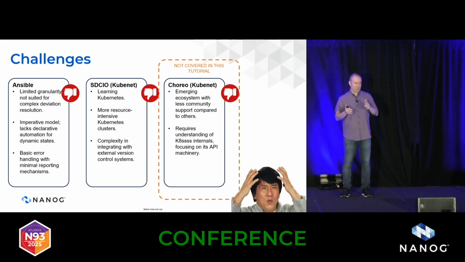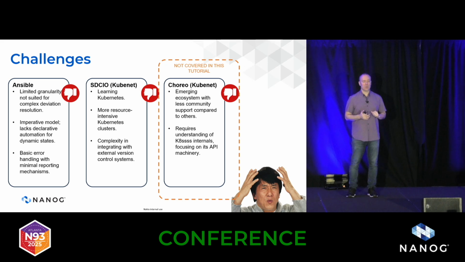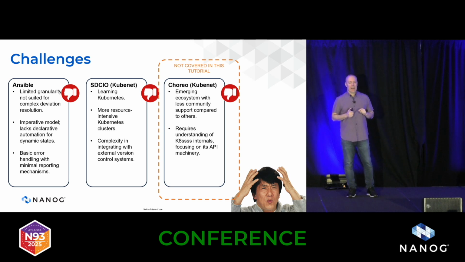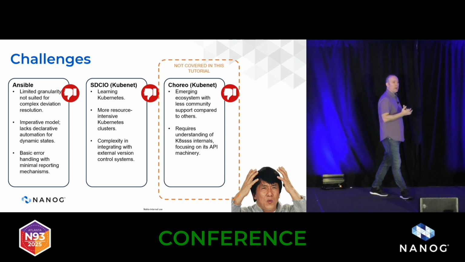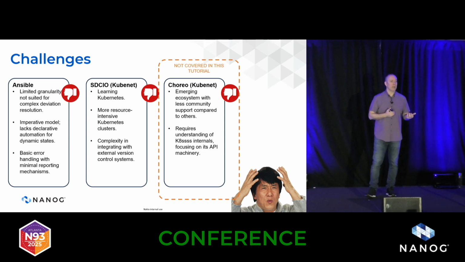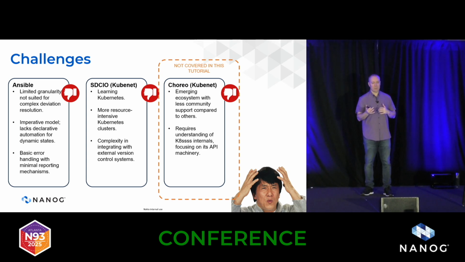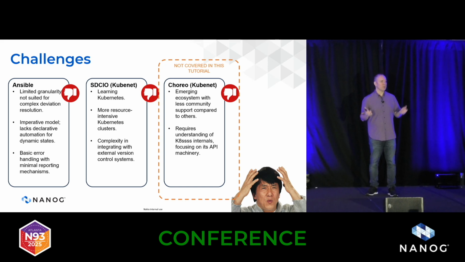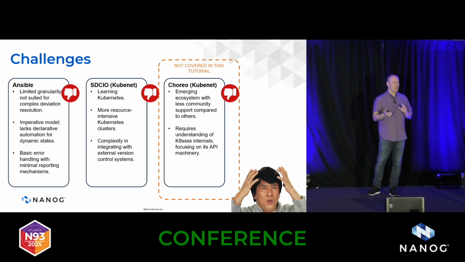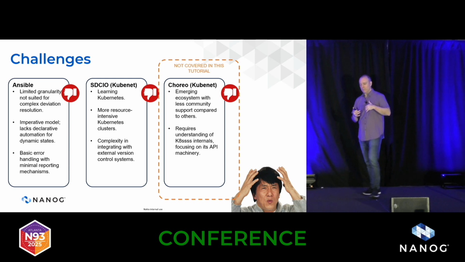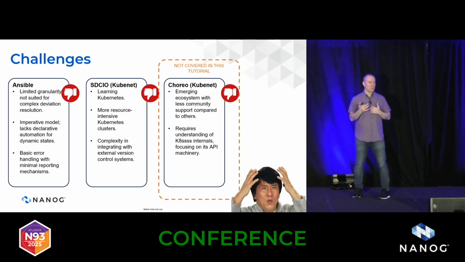And you can go to the KubeNet YouTube channel and see some presentations about that in more detail. It also requires a little knowledge of Kubernetes, at least how you can work with the reconcilers and create your own business logic and so on. Maybe not like SDCIO or working your KRM from scratch, but there is some complexity related to that.